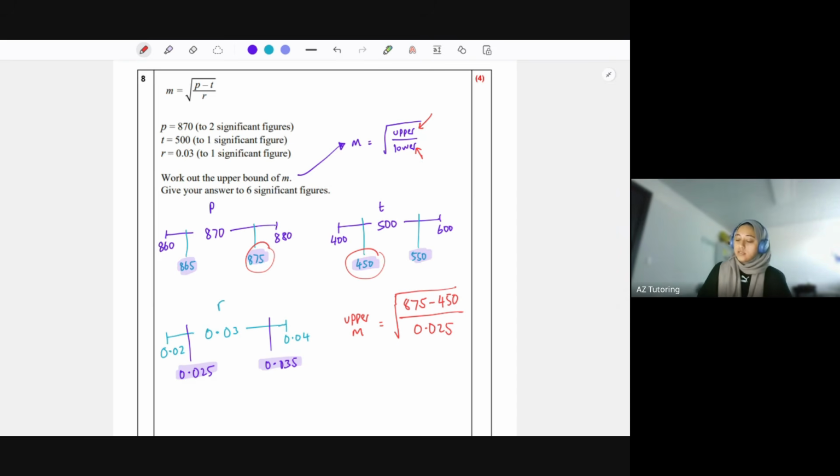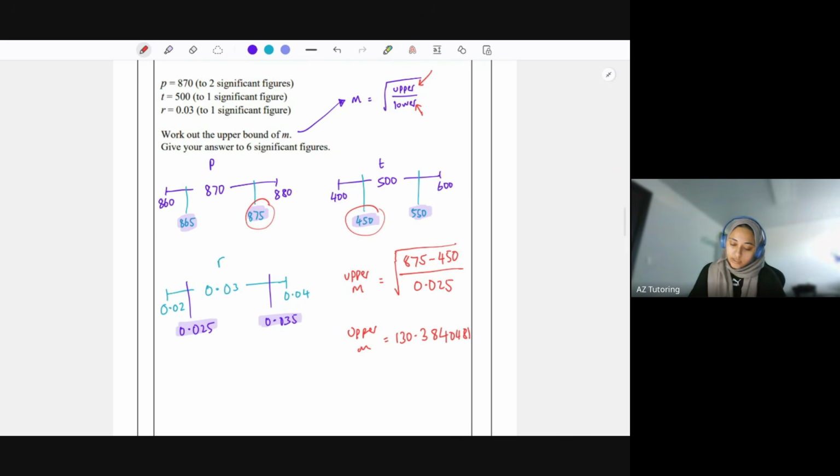So putting this in the calculator, 875 minus 450 divided by 0.025. So I get 130.3840481.